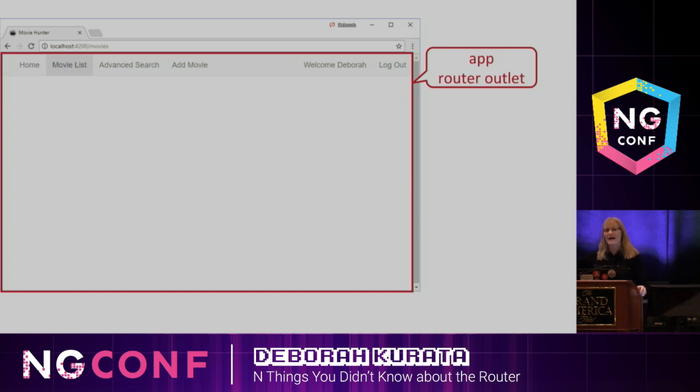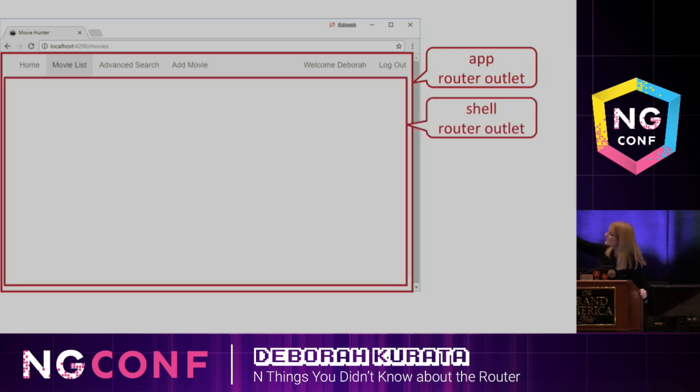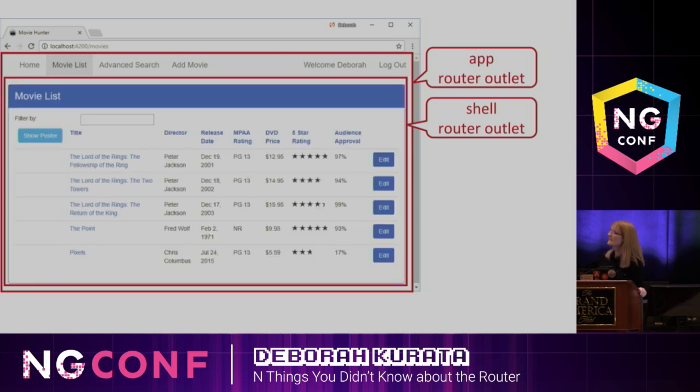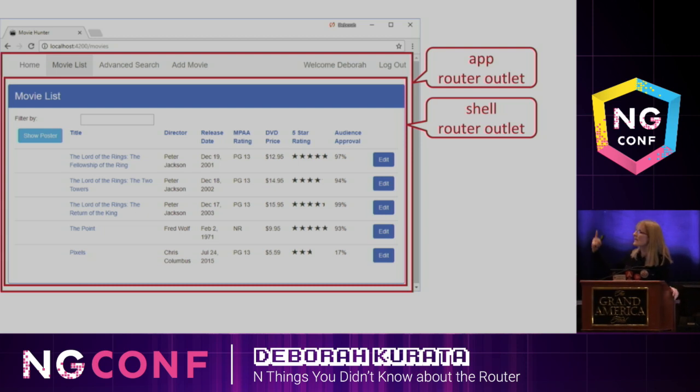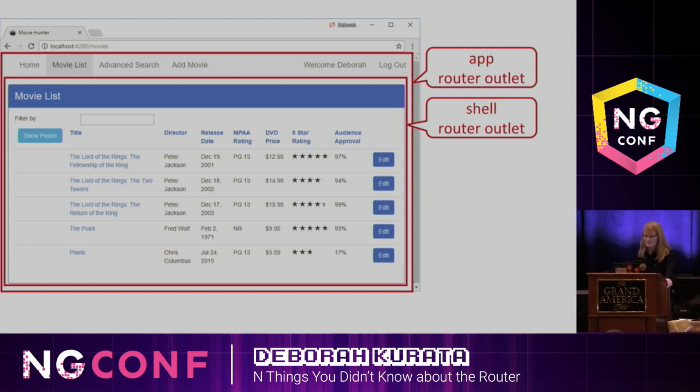We can route to that our shell component, so our menu shows up. Then nested inside it, it has its own shell router outlet, and then we can route into there our movie list or our movie detail or our movie edit, anything that we would want to appear under the menu bar. Nested router outlets.